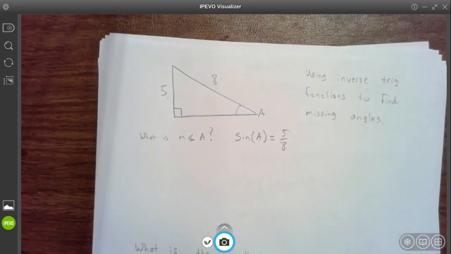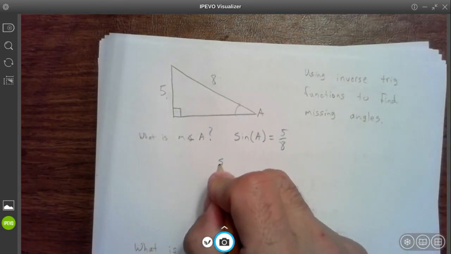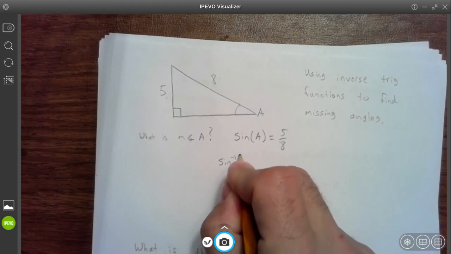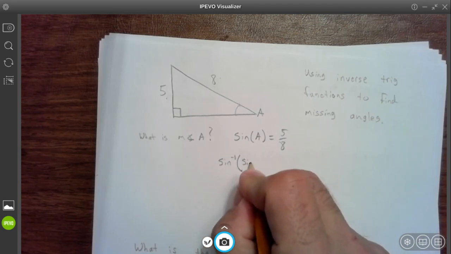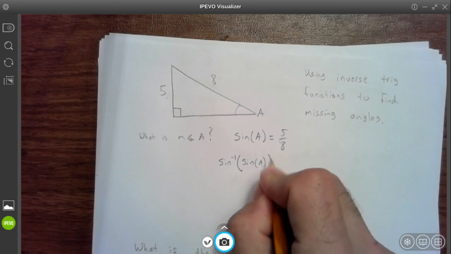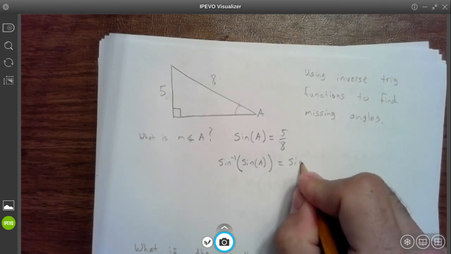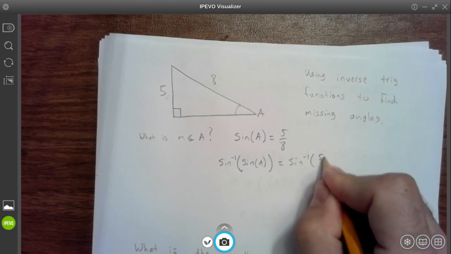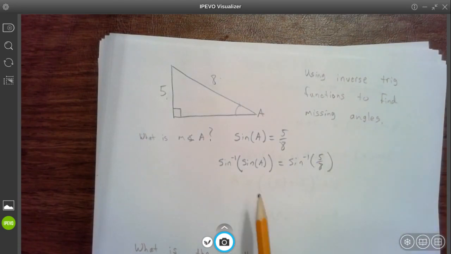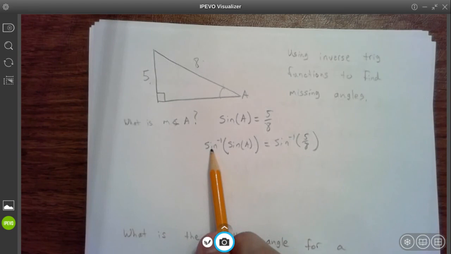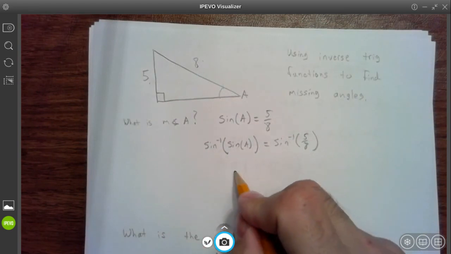So what I would do is perform sine inverse to both sides. I'll do sine inverse of the left-hand side, and sine inverse of the right-hand side. On the left-hand side, these just cancel each other out.